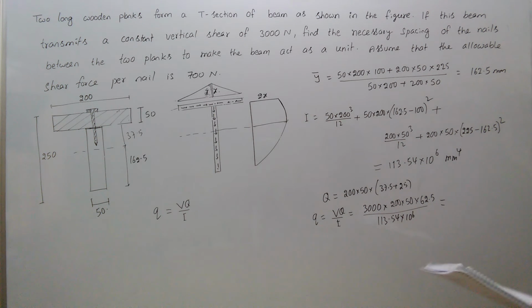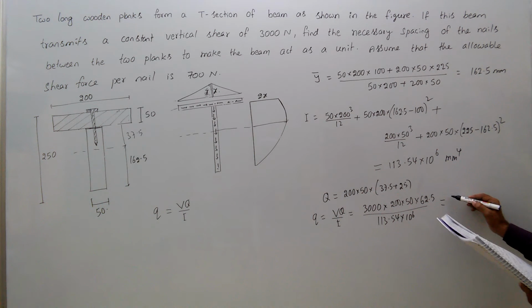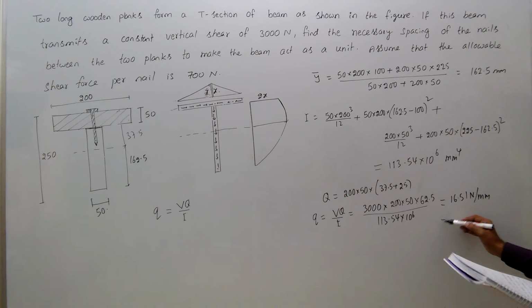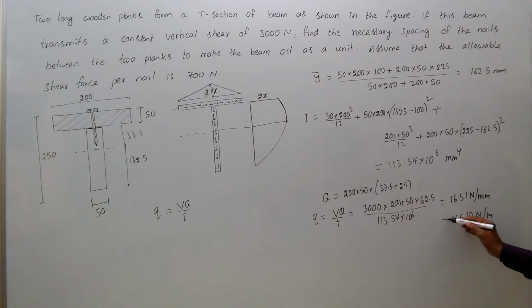That equals shear flow q equal to 16.51 newton per mm, or 16,510 newtons per meter. This is newton per mm actually. Shear flow is the force per unit length.